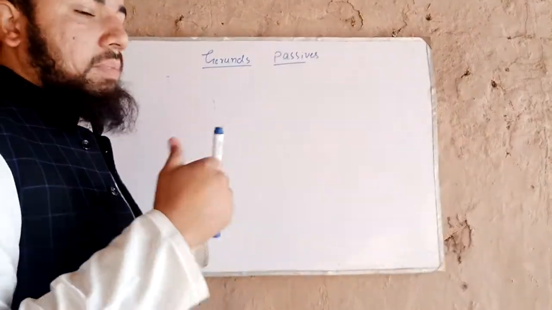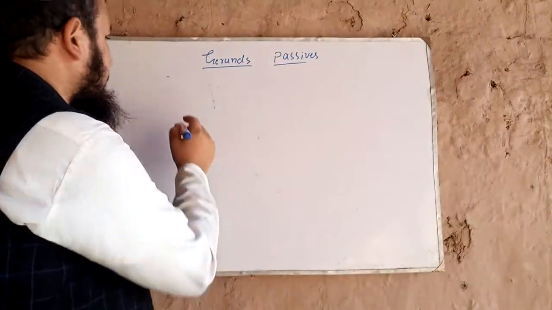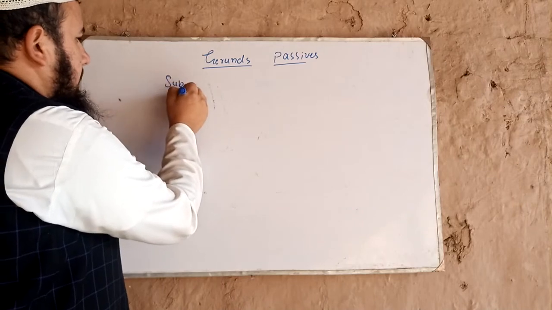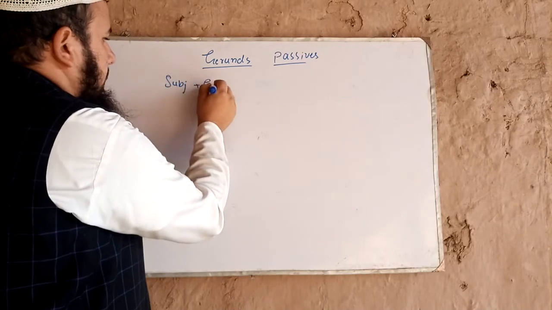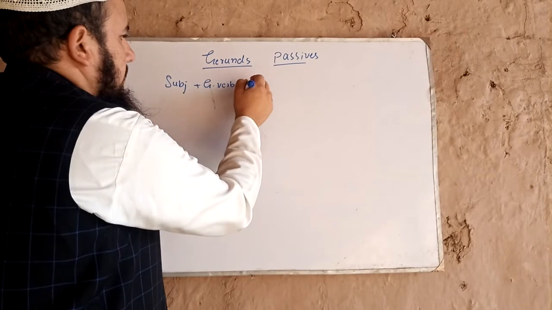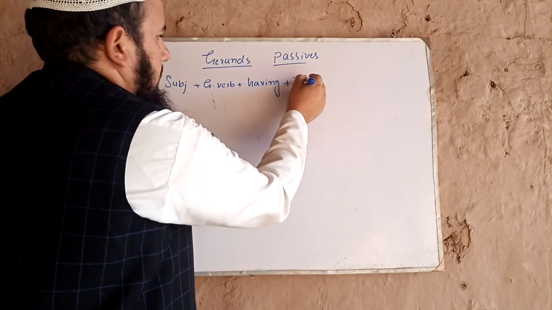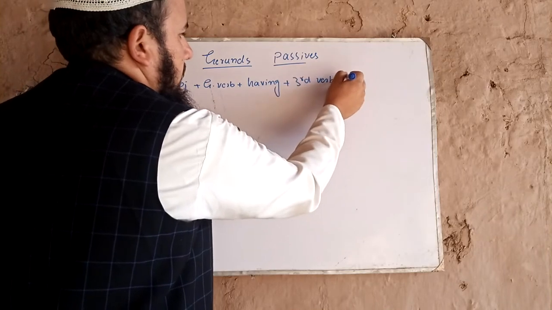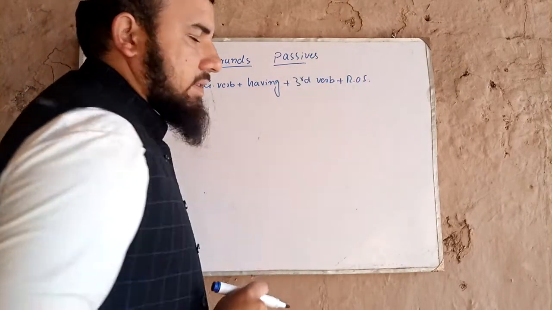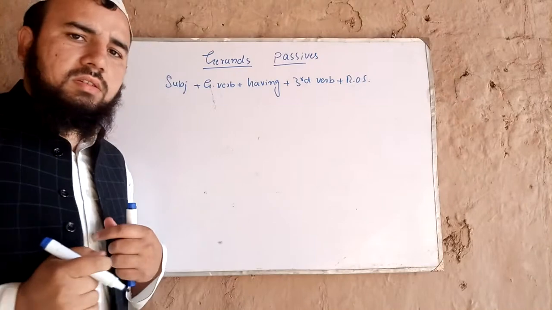Now let's come to the next part, like how we will change the passive gerund. Like for example, subject plus gerund verb plus having plus third verb plus rest of the sentence. Now this is our third structure.